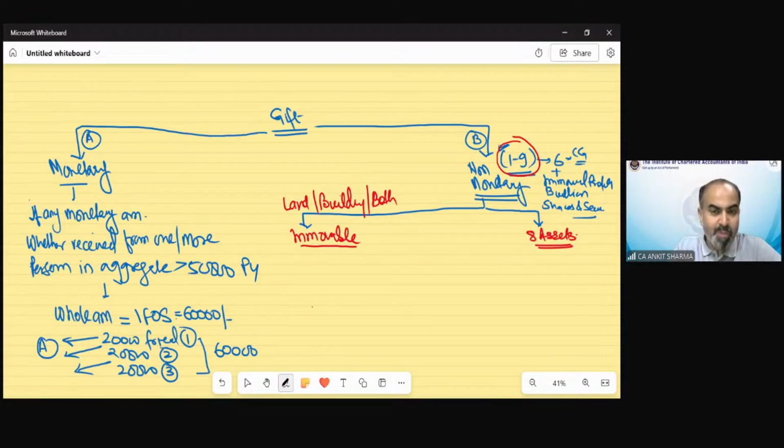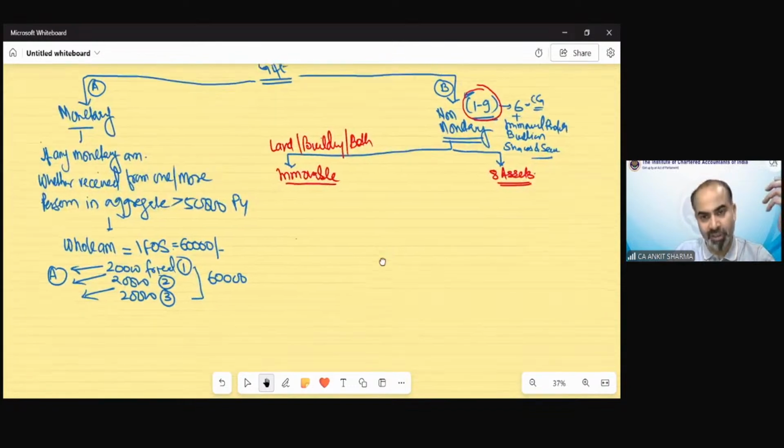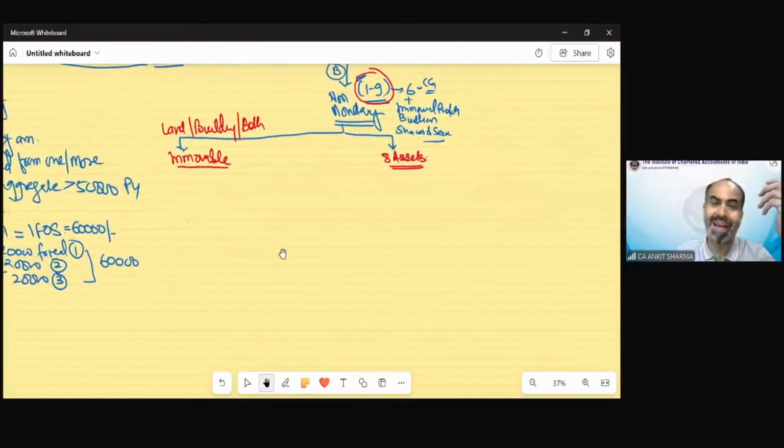So immovable property provisions are different in comparison to these 8 assets. So first of all, we will understand what is the chargeability or treatment of land, building, or both if received without consideration or inadequate consideration. How are we going to tax them?